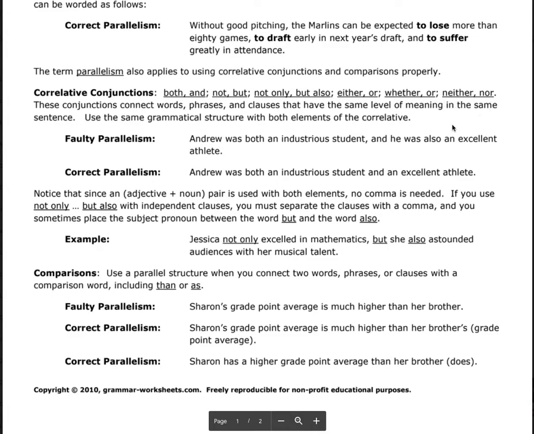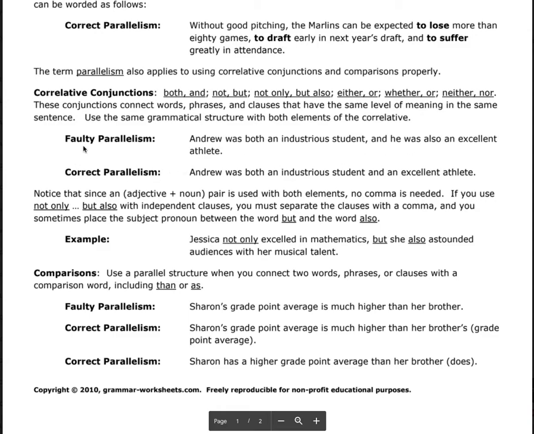Now, I don't expect you to memorize this, but just pull out this sheet when you know that you have a lot of comparisons going on. This is especially important this week where we're doing our compare and contrast papers, because you will be using comparatives and correlative conjunctions. So make sure that you have the correct parallelism when you're doing this.